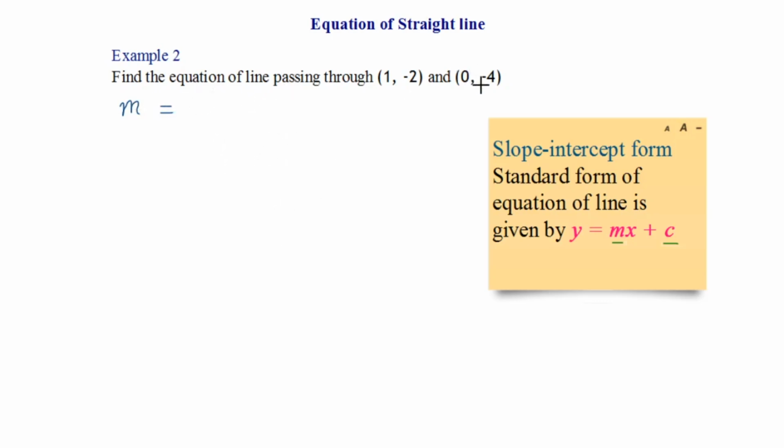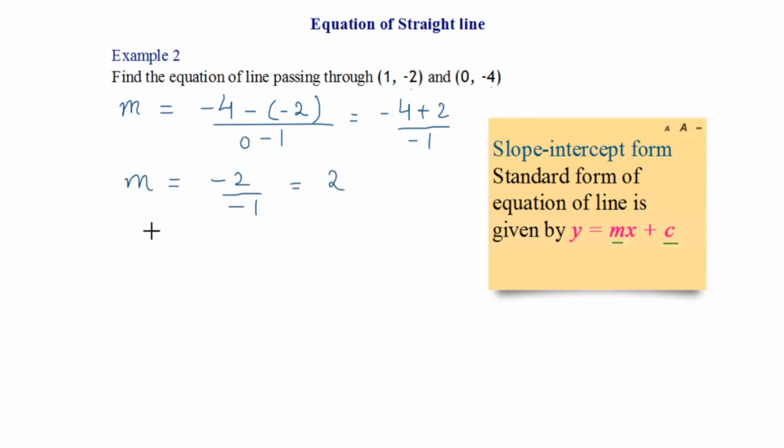Vertical change means y2 - y1. So -4 - (-2) upon horizontal change, that is 0 - 1. This becomes -4 + 2 upon -1 and hence the value of m is -2 upon -1, which is equal to 2.